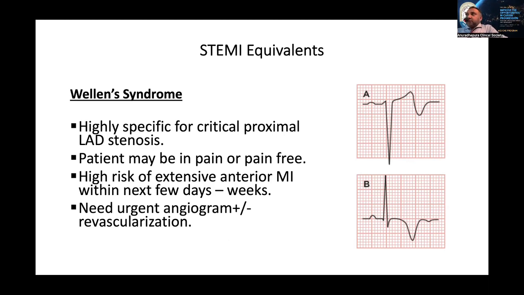When I saw the patient, it was a typical Wellens pattern ECG, and I did the angiogram. It was a critical proximal LAD lesion. The LAD, the left anterior descending artery, is the most important in terms of mortality and morbidity benefit. You don't want to miss it.